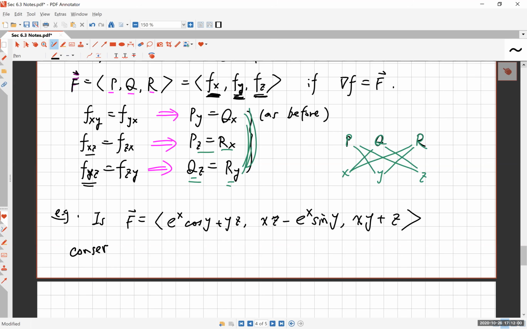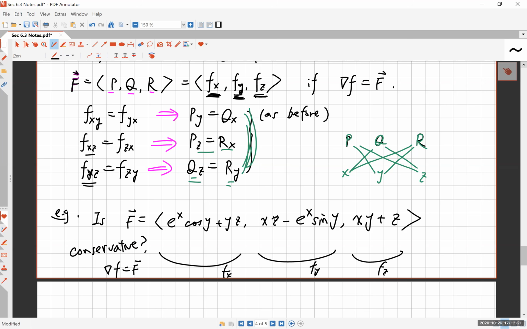That is the question. Now, you could go ahead and try to find a potential function, f, so that the gradient of lowercase f is capital F. That means you want this to be fx, this to be fy, this to be fz.